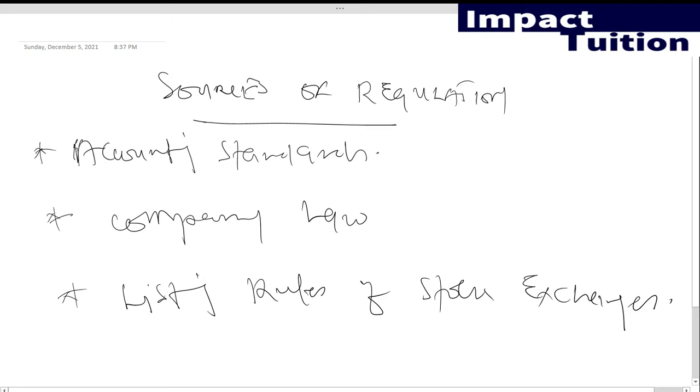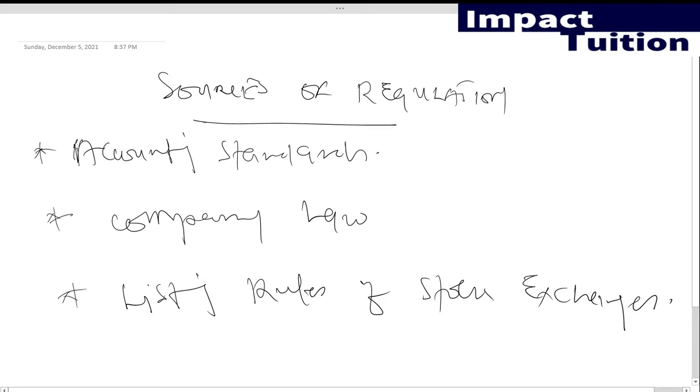So these stipulations made in the company law is a source of regulation because it will be adhered to by companies. And then listing rules of stock exchanges. Stock exchanges have rules regarding the minimum information that should be provided in financial reports.